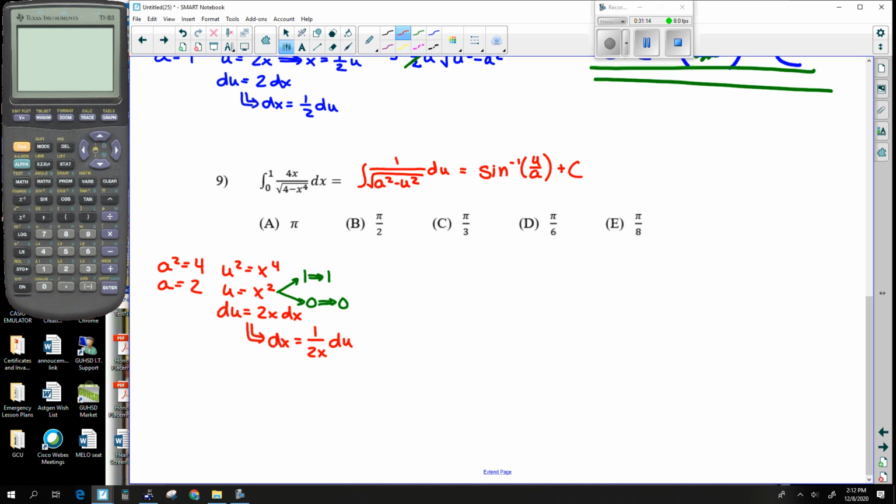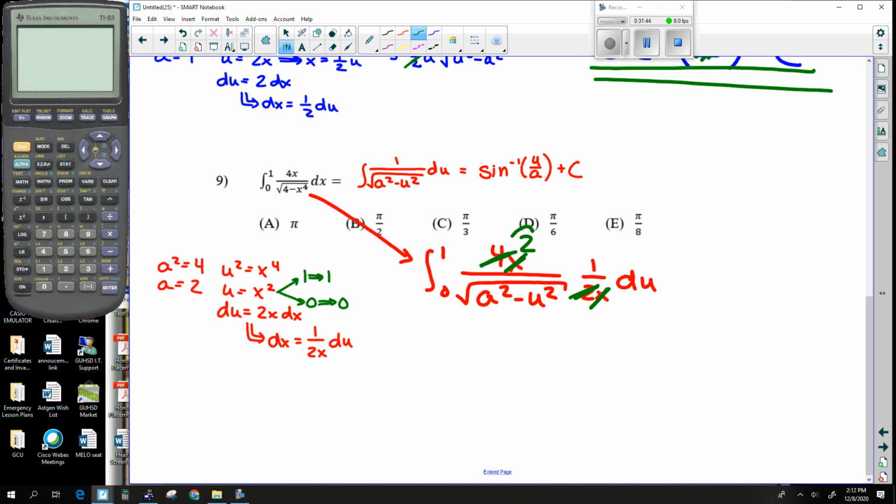Okay, so here we go. Let's make some basic substitutions. Back to the original function. All right, so this is the integral from 0 to 1. 4x, I'm not sure about just yet. Hopefully, I'm able to do something with that. 4x, and this is a squared minus u squared. And dx is 1 over 2x du. Hooray. So what I see is the x gets eliminated, and 2 simplifies this 4 to a 2.